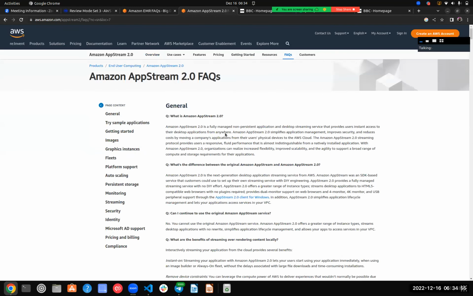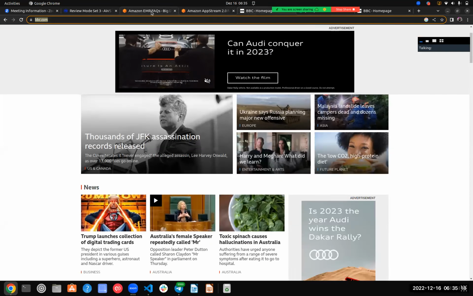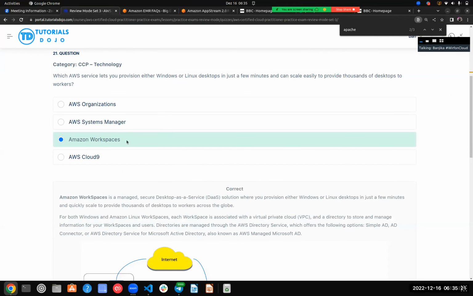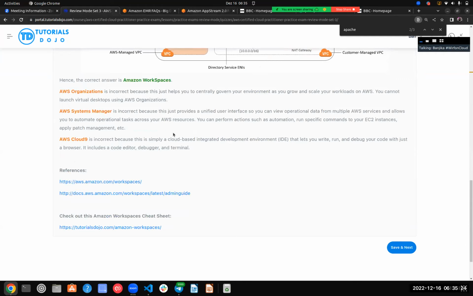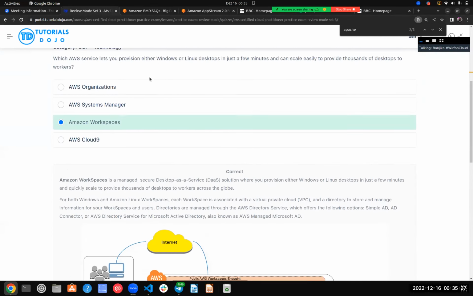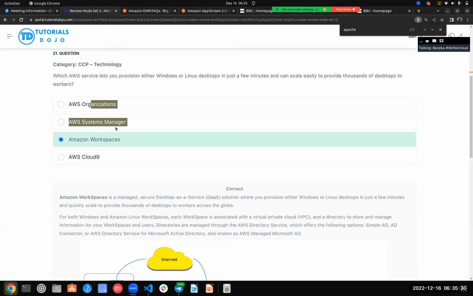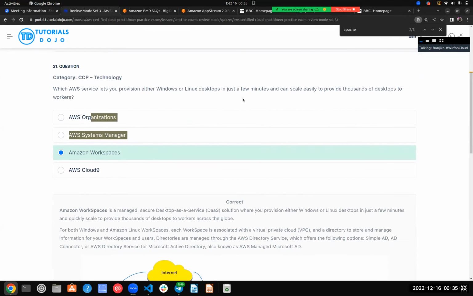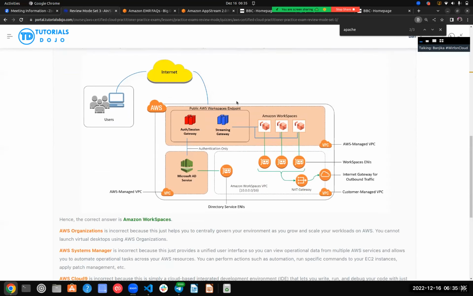The key phrase: Amazon AppStream is a fully managed non-persistent application and desktop streaming service that provides users instant access to their desktop applications from anywhere. If you learn this one and that one together, since they're both about desktops, you can remember them. At times they put this question and they put AppStream. You need to know that AppStream is actually streaming applications, and still for desktops.